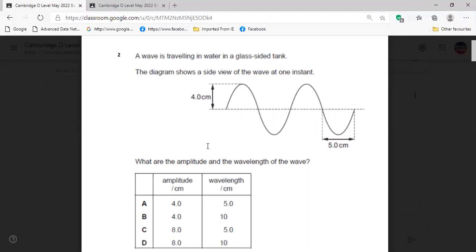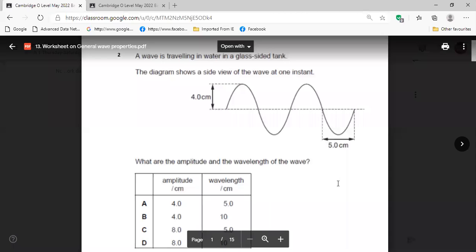B. How can you explain? There are two... I don't know how to explain.